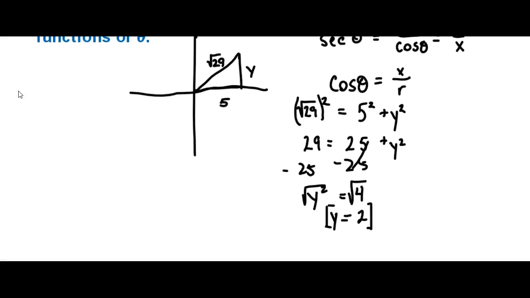All we have to do now is fill in the remaining trig functions. So sine of theta is going to be our y value over r. So that's going to be 2 over r, which is square root of 29. So to rationalize this, we would have to make that 2 square roots of 29 over 29.